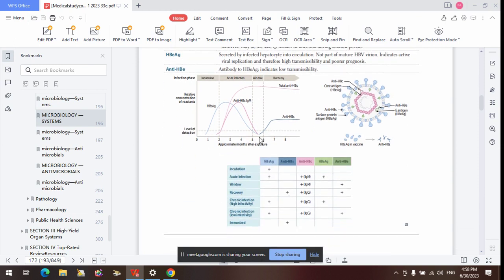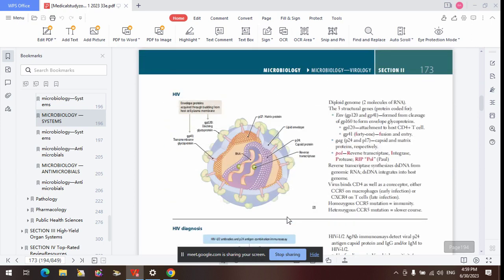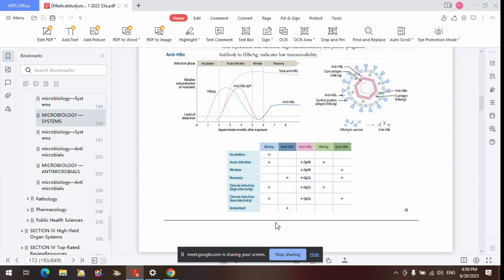That is why it doesn't trigger the anti-HBc. Once they give it, the body's immune response clears it out. And once you are able to produce antibody against the antigen, the body will have cleared the antigen. Both of them cannot exist together. You cannot have the vaccine antigen and antibody again. One will fight the other.